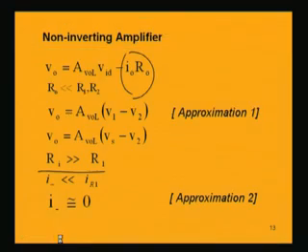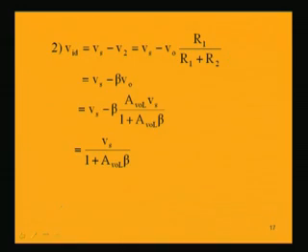So, replacing V2, it is equal to Vs minus V0 into R1 by R1 plus R2, and that can be written as Vs minus beta V0, which can be written as AVOL Vs by 1 plus AVOL beta, and this simplifies to Vs by 1 plus AVOL beta. So, the difference voltage VID is equal to Vs by 1 plus AVOL beta.